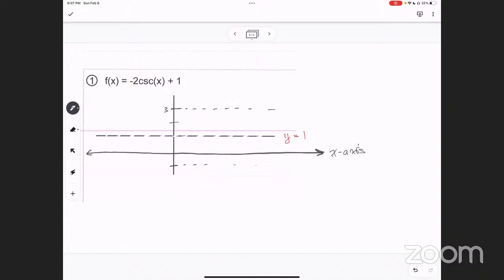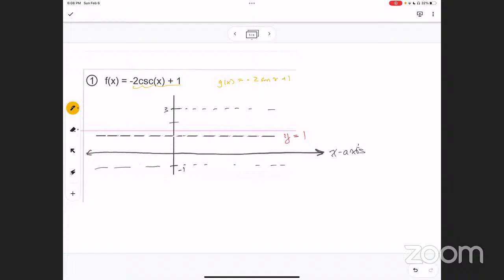Good. And it's going to be flipped. Okay, so what should I graph in here in yellow? g of x equals -2 sine or cosine? Sine. Good. Sine x plus 1.